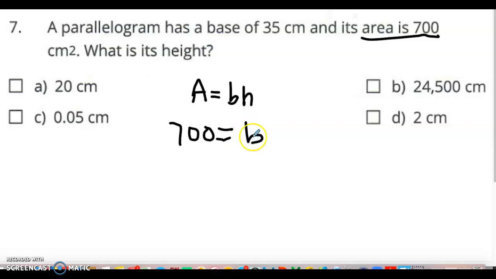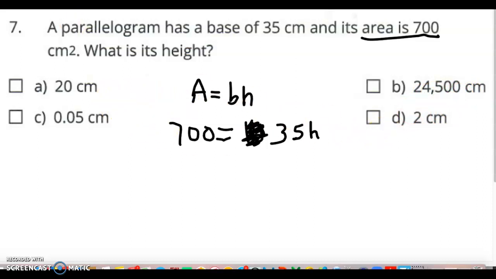I'm sorry, you do know the base. I apologize. I'm going to cross this out. So the base is 35, but you don't know the height. The height is what you're missing. So you're going to divide 700 by 35, and the height is expressed in centimeters.